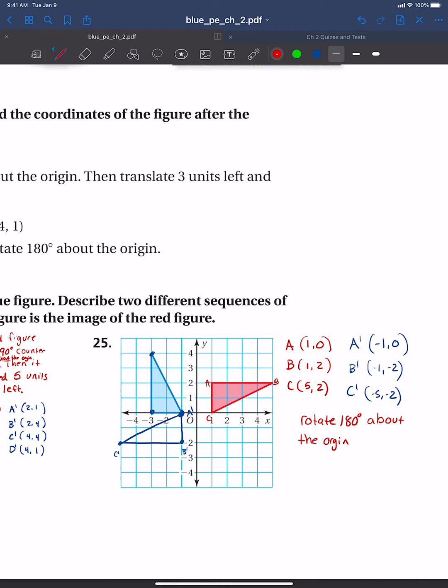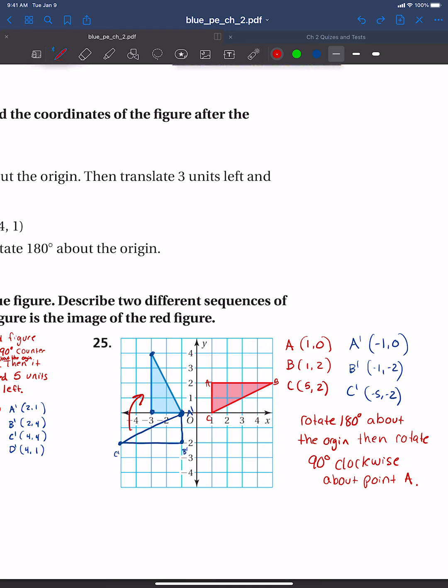Rotate 180 degrees about the origin, then rotate 90 degrees, and if it's going this way, guys, that's clockwise, about point A.